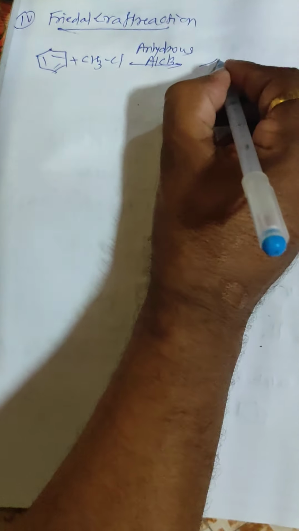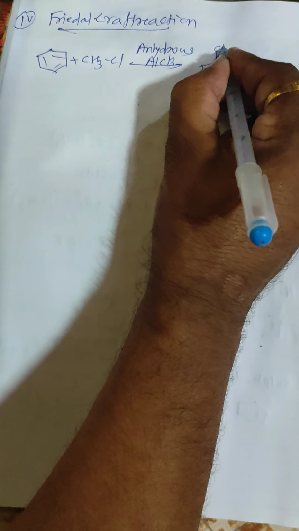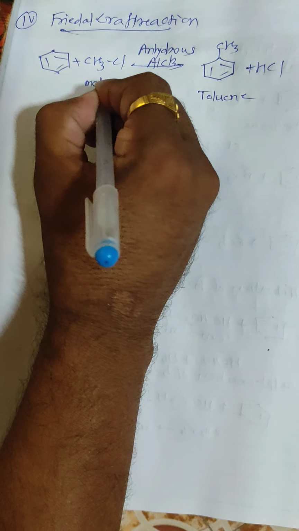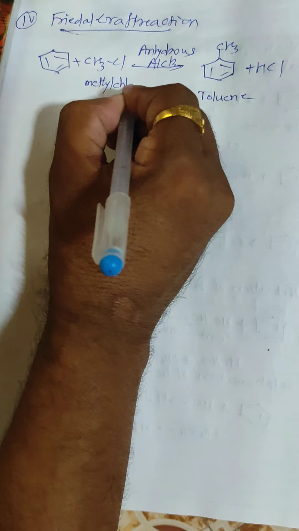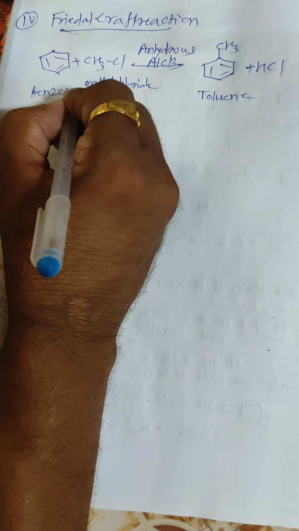They give toluene plus HCl. The name of this compound is methyl benzene, or toluene, from methyl chloride and benzene.